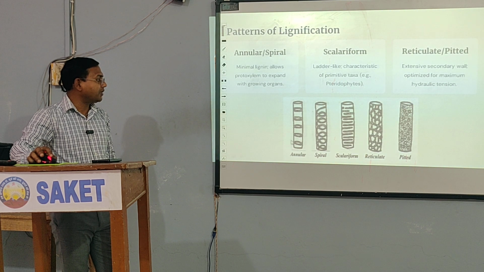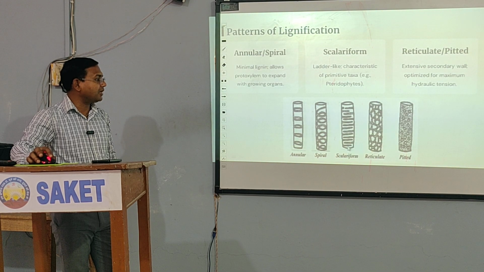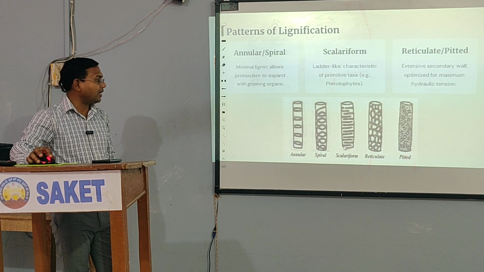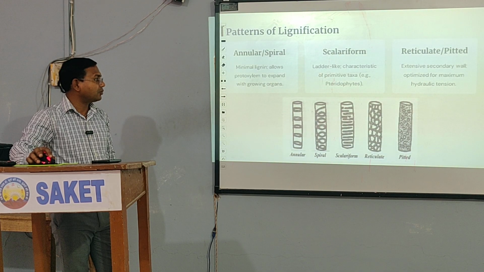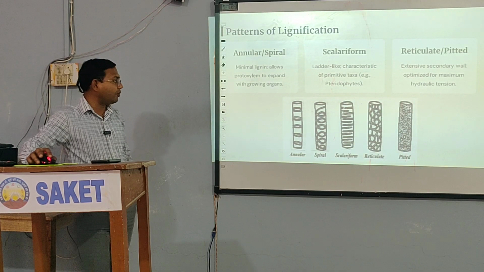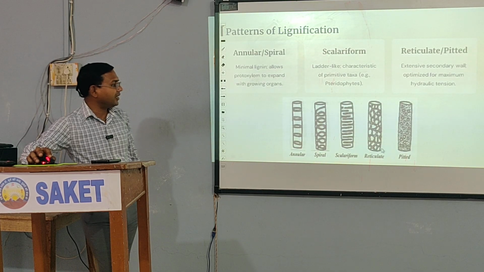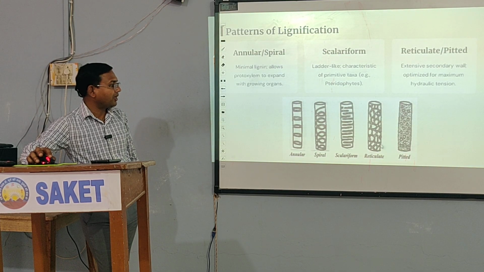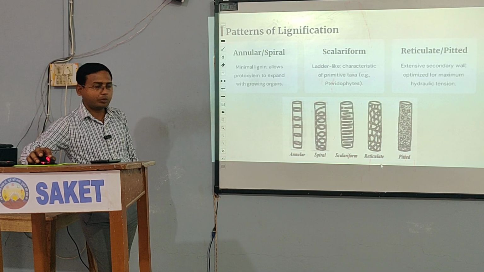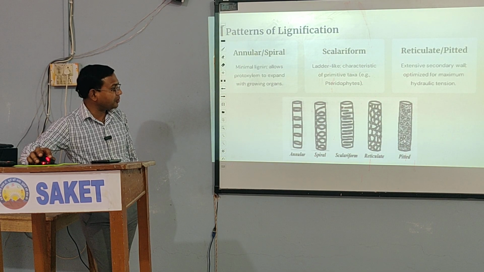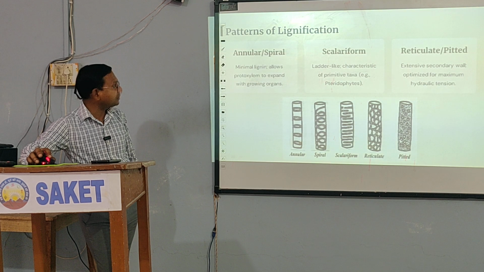In the annular they have circle-like deposition of lignin, and in the spiral, lignin is deposited in spiral form. In the scalariform it is like a ladder, with rungs of a ladder. In the reticulate it forms a network of lignin deposition. And similarly we have pitted, with deposition in the form of pits.